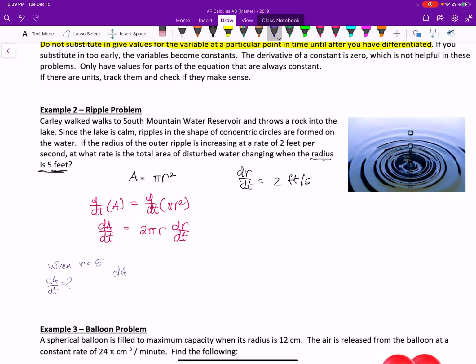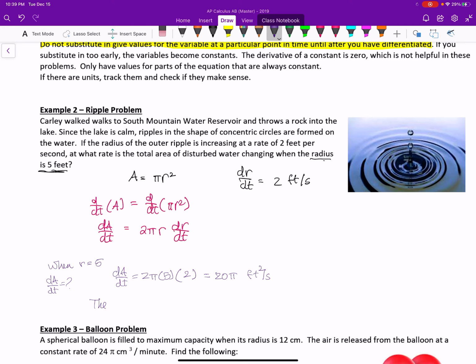I have dA/dt is equal to 2 pi, the radius is 5, and I'm also told the rate of change of the radius, which is 2. So that's going to equal 20 pi. My units in this case are not feet per second, it's square feet per second, because it's the area of a circle. So be really careful with that.